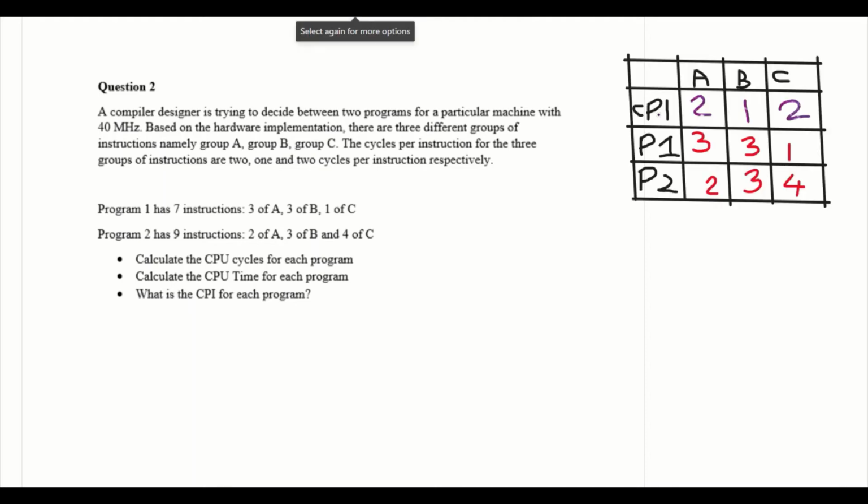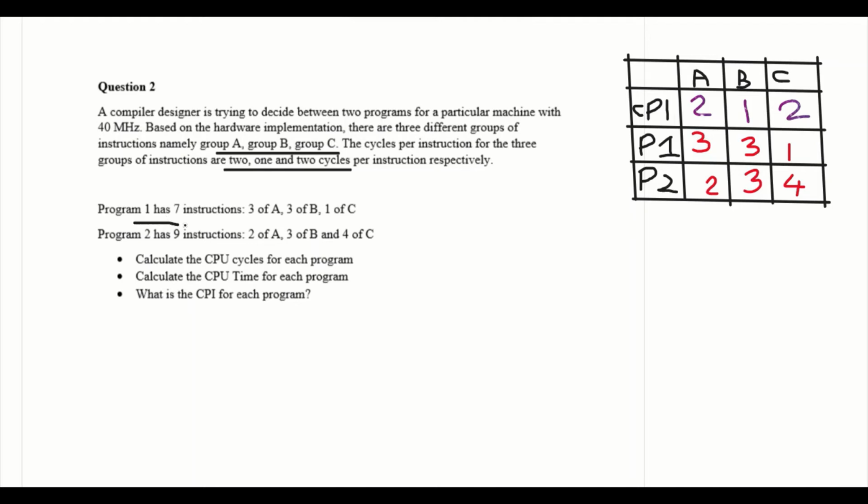Let's continue. I made a table here by seeing this question. What does the question say? You have 3 groups of instructions, group A, group B, group C. The CPI is given here: 2, 1, 2 cycles per instruction respectively. Group A is 2, group B is 1, group C is 2.